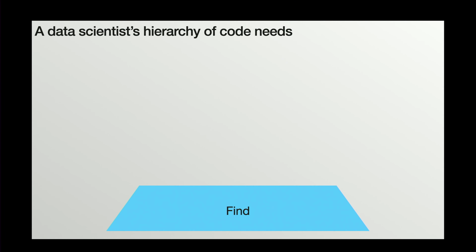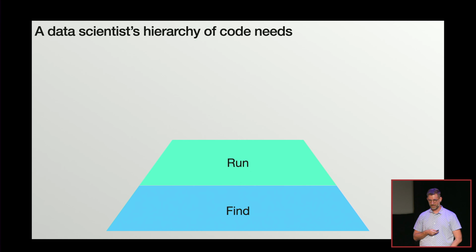I'll leave you with one last picture, which speaks to that last problem: it's not just you, now you're working with a team of data scientists, and there's this hierarchy of needs. Ideally you want to be able to at least find your colleagues' work. Even better, you should be able to run their work. Even better, you should be able to understand their work.